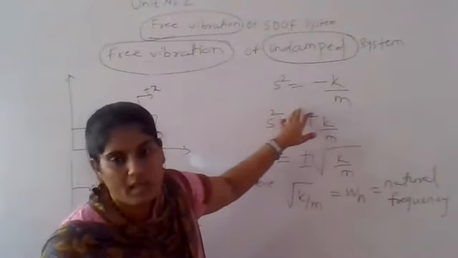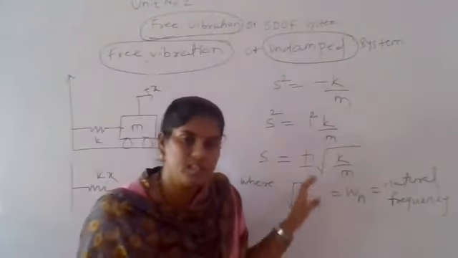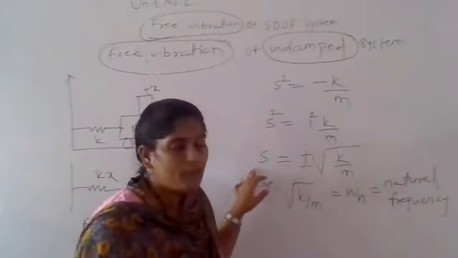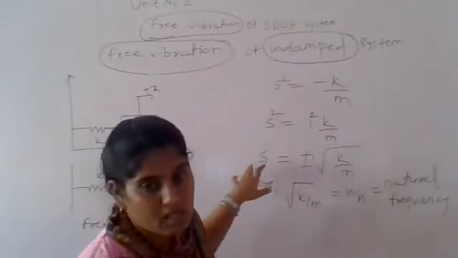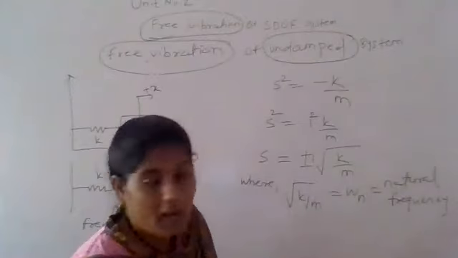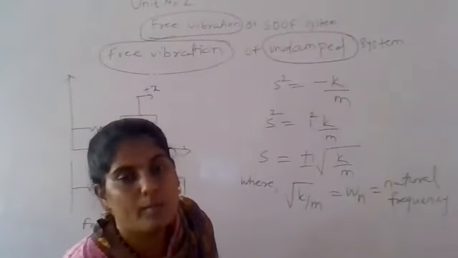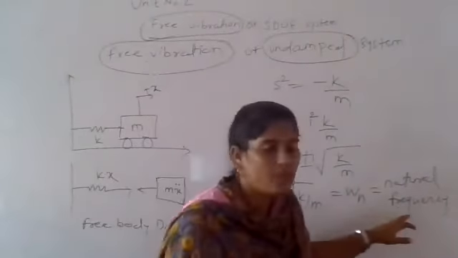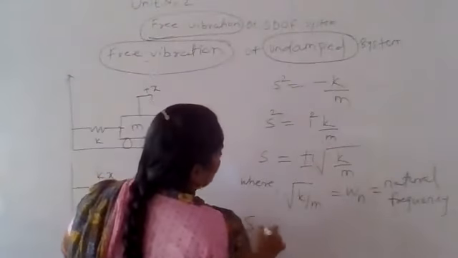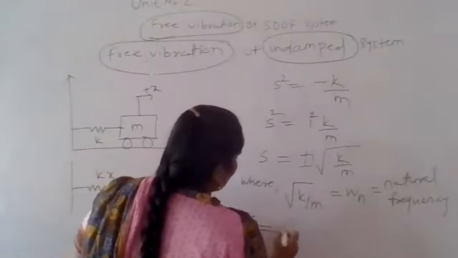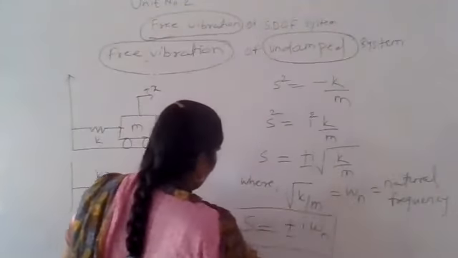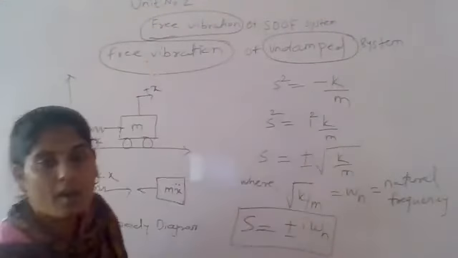Putting I square as -1 and taking the roots on both sides, s is equal to plus or minus I into root of k by m, and that root of k by m is the formula for the natural frequency. So s is equal to plus or minus I omega n.